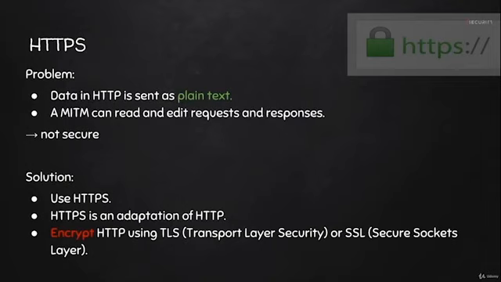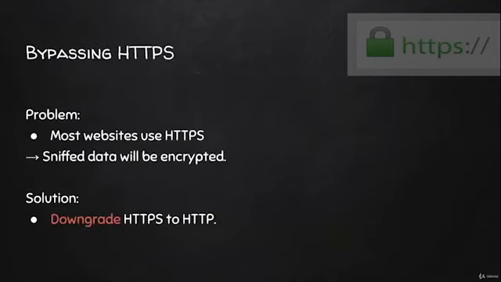Now, HTTPS relies on TLS or SSL to encrypt the data, and this is very difficult to break. Therefore, in order to bypass this, the easiest method is to downgrade HTTPS connections to HTTP. So, since we're the man in the middle, we can check if the target is requesting an HTTPS website, and instead of giving him the HTTPS version of that website, we will give him the HTTP version.